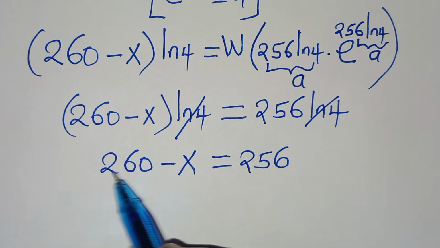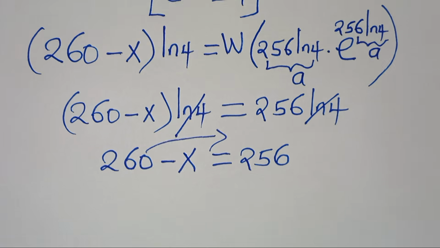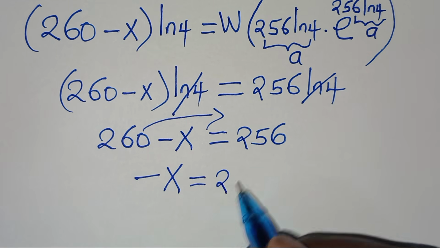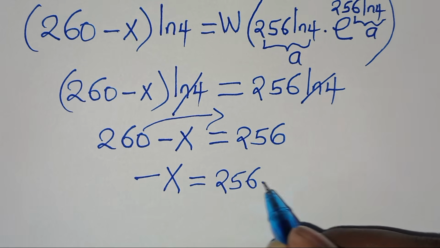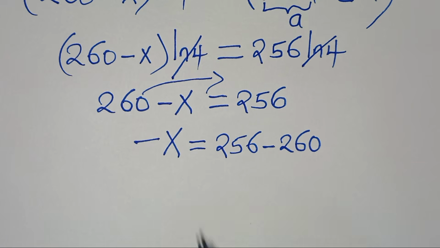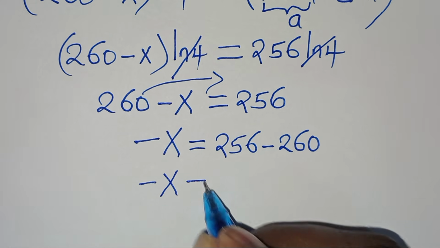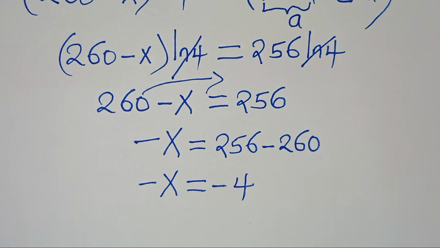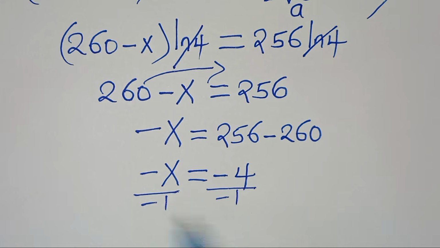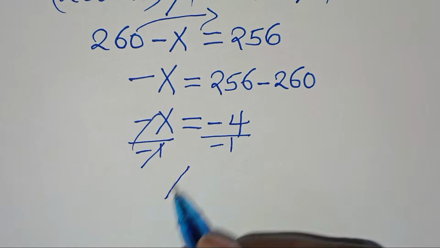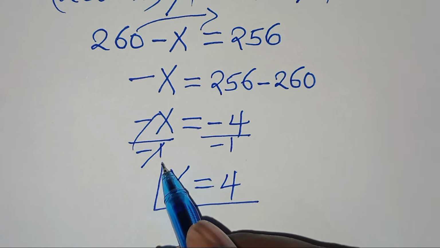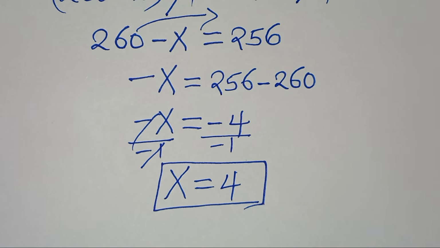So let's take 260 to the right hand side, so that now we have negative x equal to 256 minus 260. So this means that negative x is equal to negative 4. So let's divide on both sides by negative 1, so that we have the value of x is equal to 4.